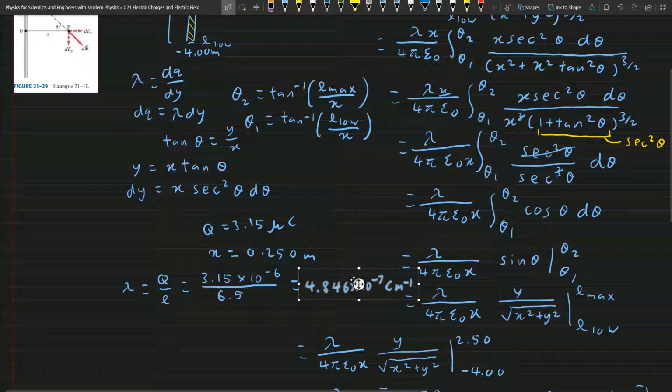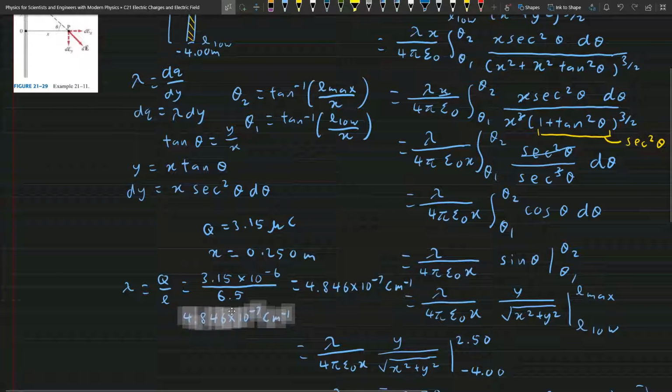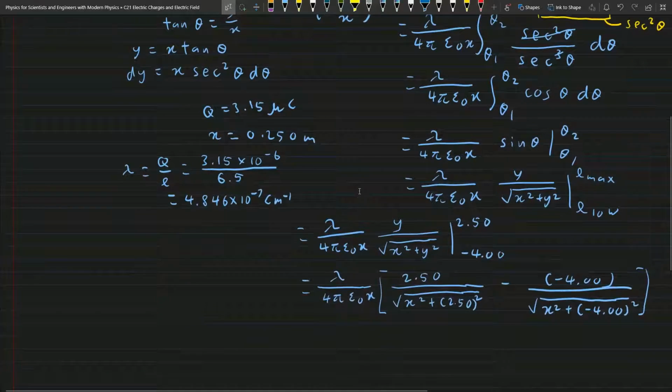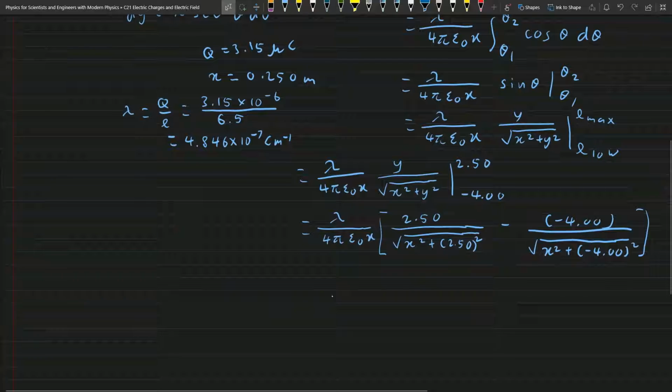Let me put here, so now we already have all the values we want.